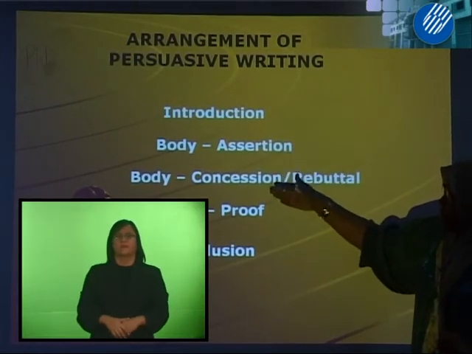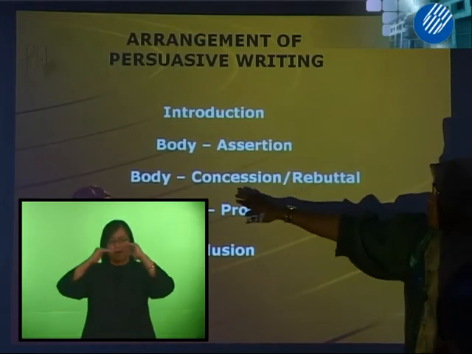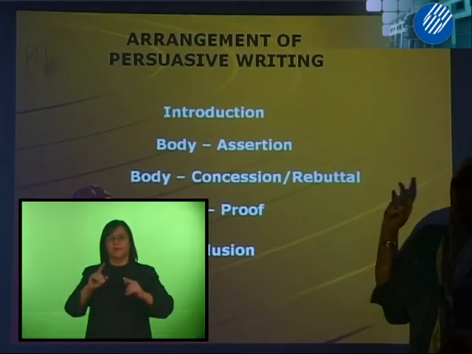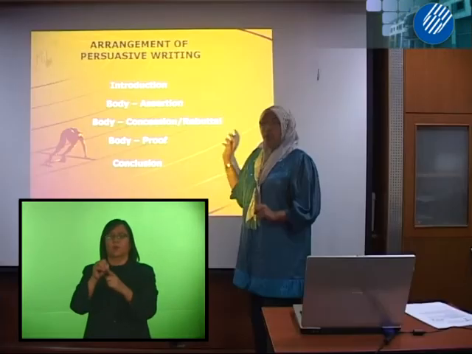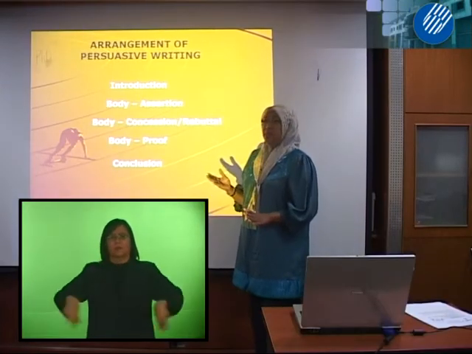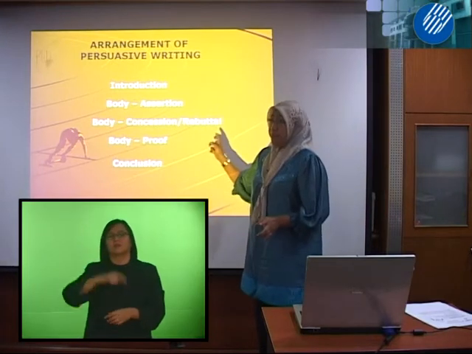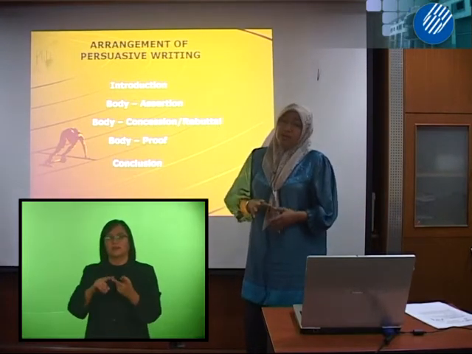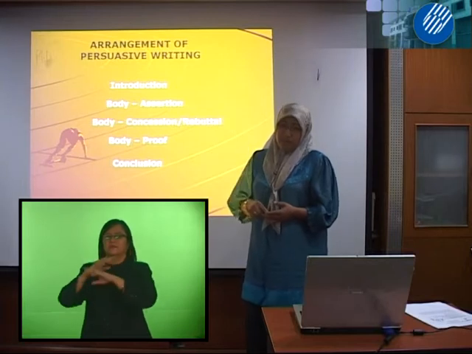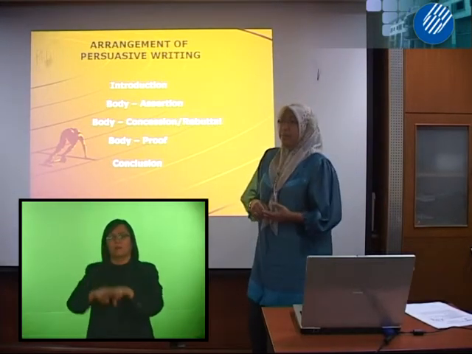Next, we go to the next body part, where it is concession or rebuttal. This is an important stage, where you discuss other opinions besides your own, of course, not defending them. But do not exaggerate or distort the opinions.